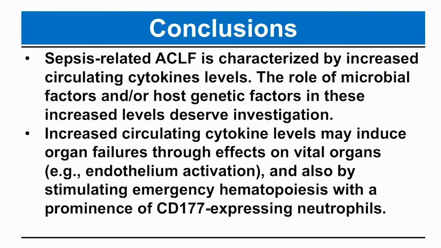The role of microbial factors and/or host genetic factors in these increased levels deserves investigation. Increased circulating cytokine levels may induce organ failures through effects on vital organs, for example, endothelium activation, and also by stimulating emergency hematopoiesis with the prominence of CD177 expressing neutrophils. I thank you for your attention.